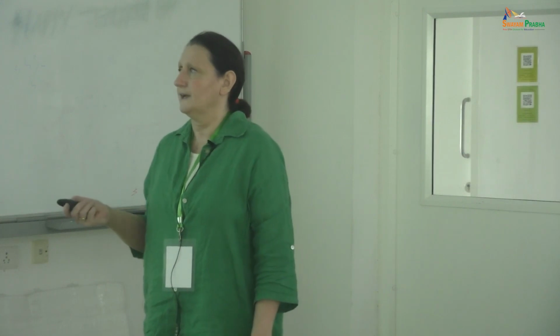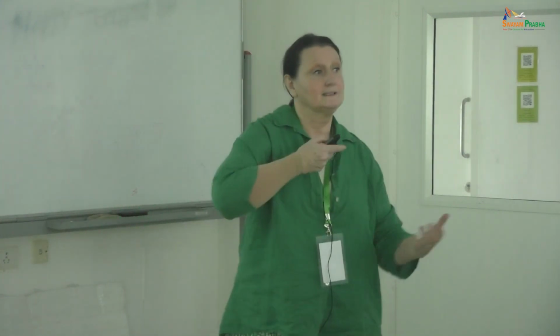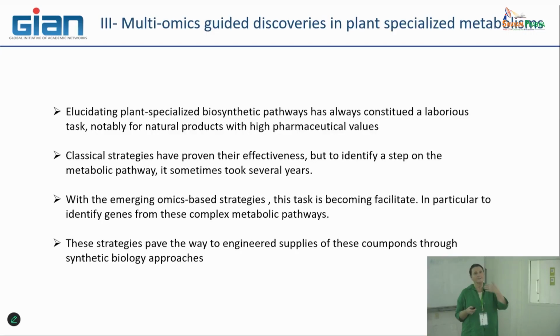They have proven their effectiveness because this was the only way we had to identify several enzymes involved in metabolic pathways. But what is true is that this methodology was quite long to identify at least one gene and to be sure that the enzyme encoded by this gene is really involved in the metabolic pathway.